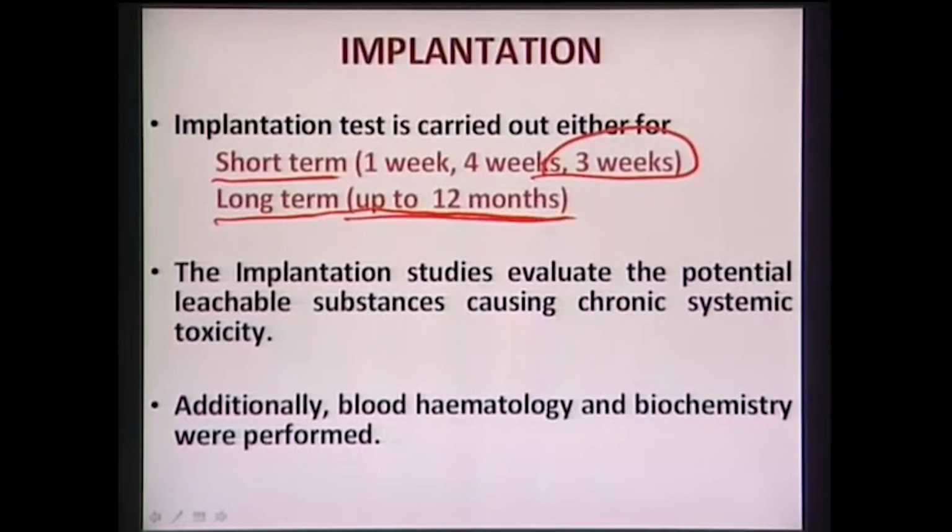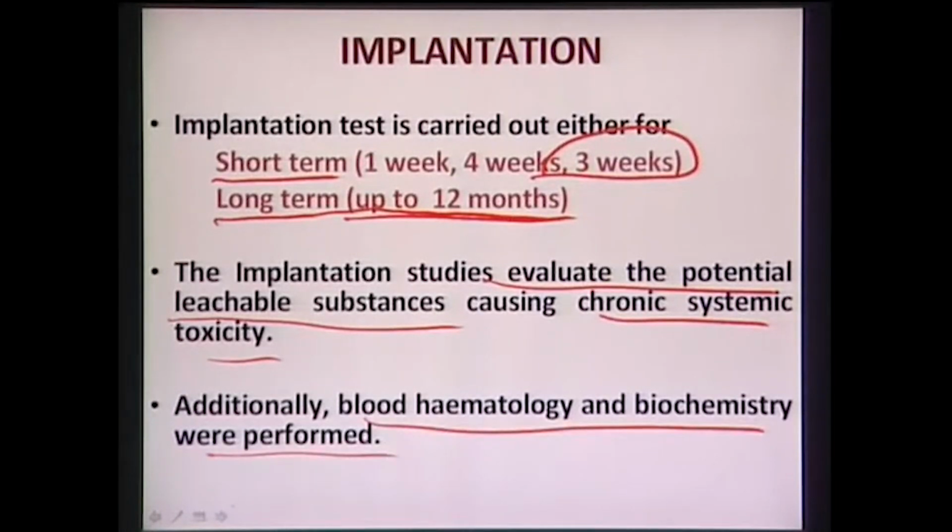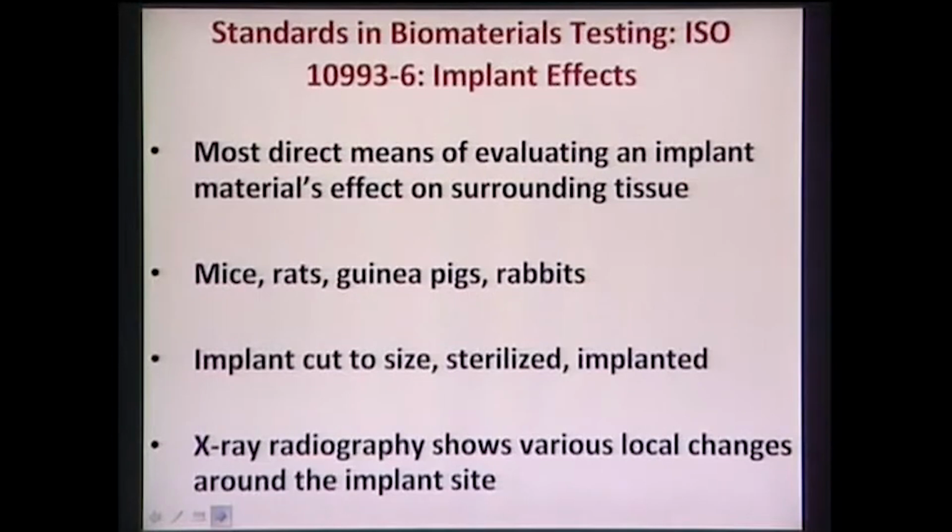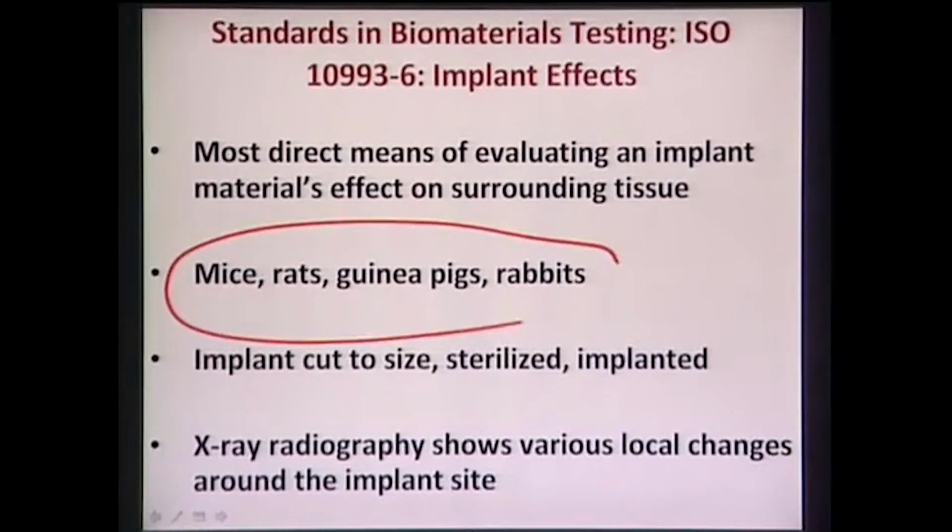So, implantation studies also evaluate the potential leachable substances using chronic systemic toxicity, and then blood hematology and biochemistry are also performed in many cases. So, as I said, different animal models can be used, like mice, rats, guinea pigs, rabbits.